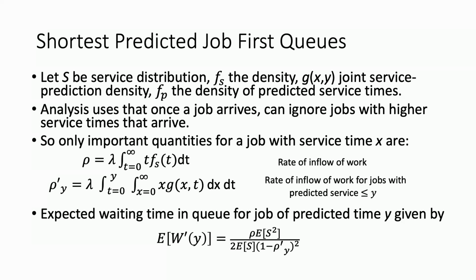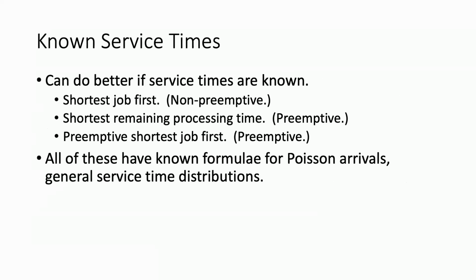The important things are again the rate of inflow of work, and the rate of inflow of work for jobs with a smaller predicted time than you, because even if they're bigger than you, if their predicted time is smaller, they're going to get in your way. You can do the calculations and come up with very similar looking equations, and I did the same for these other natural systems too.